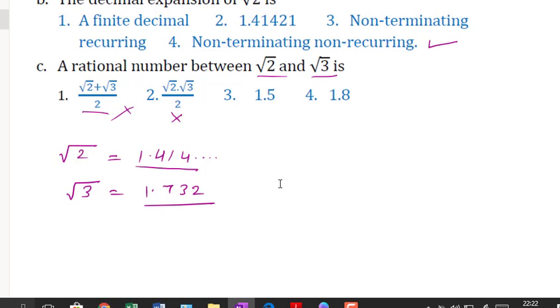So between root 2 and root 3, the rational number will lie between 1.414 and 1.732. Between 1.414 and 1.732, the decimal number is 1.5. So the correct answer is 1.5.